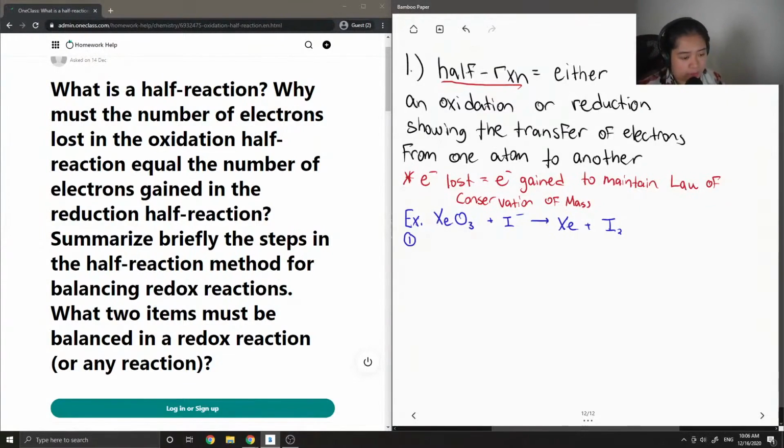So the first part of solving a question like this is just to write reduction and oxidation half reactions. And also in this same step, we want to make sure to balance the atoms as well.